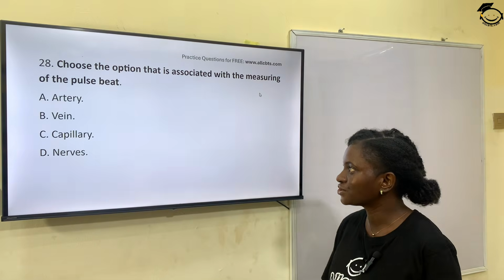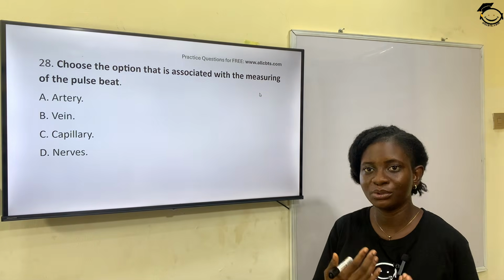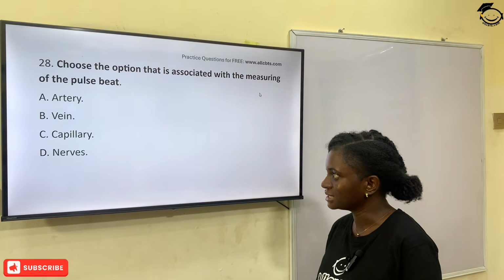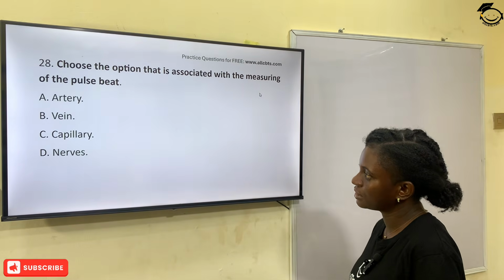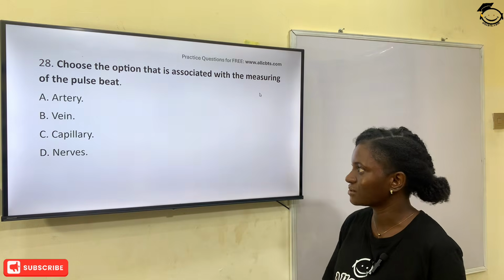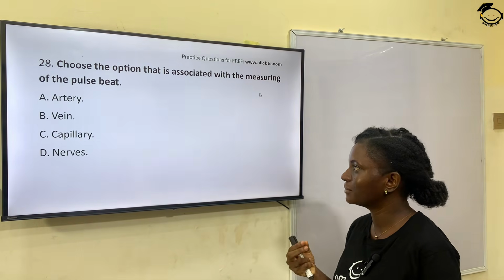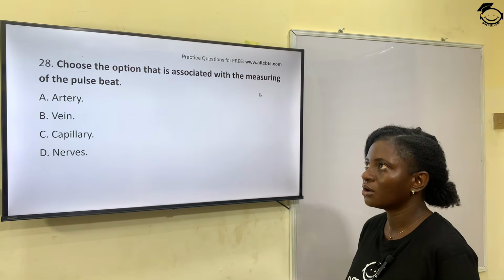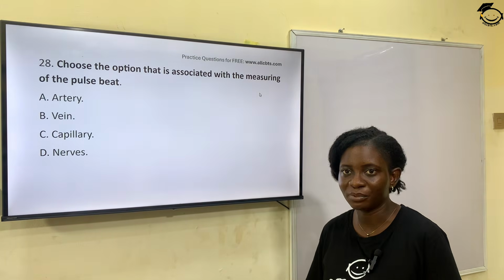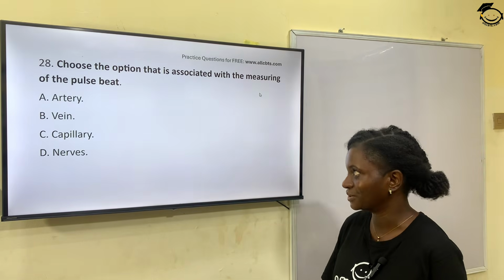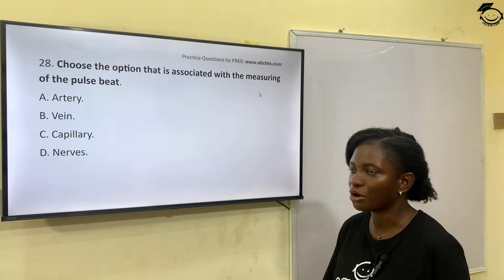We know artery is when blood moves from the heart to other parts of the body, and vein moves blood from the other parts of the body back to the heart. So pulse beats has to do with the pumping of blood from the heart. So the correct answer is artery. Artery is the correct answer. Option A.